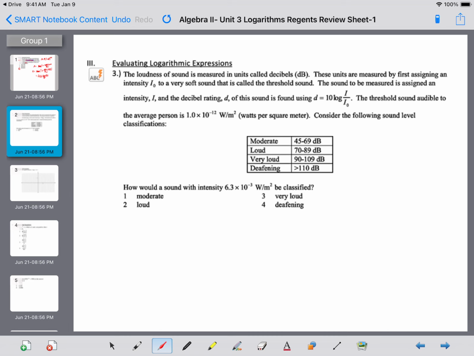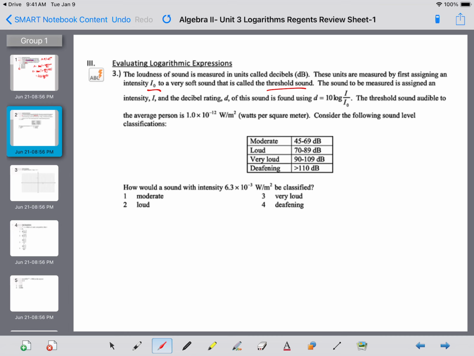The loudness of sound is measured in units called decibels. These units are measured by first assigning an intensity I naught, or you could say I sub 0, just the initial I, to a very soft sound that is called the threshold sound. So I naught is the threshold sound.